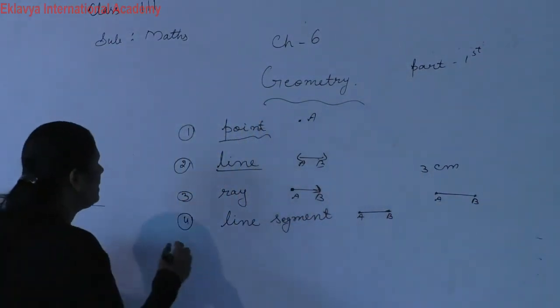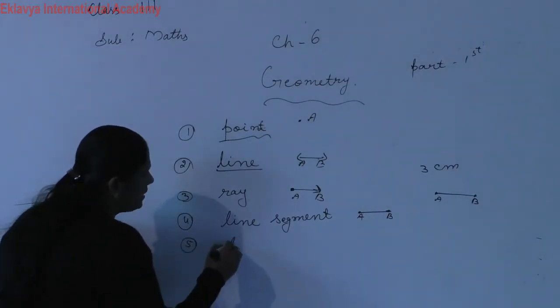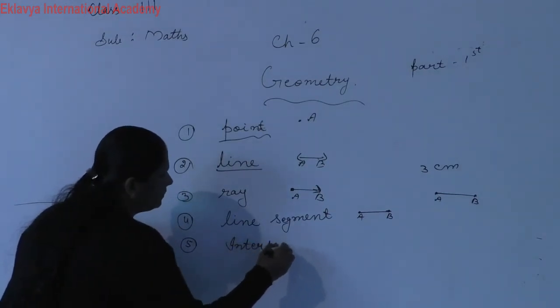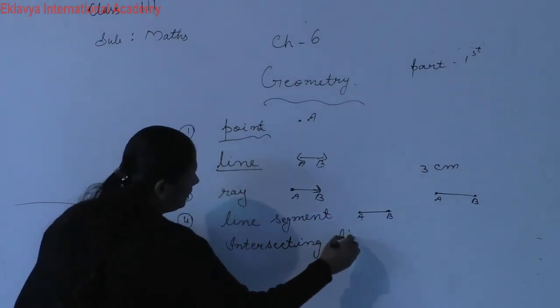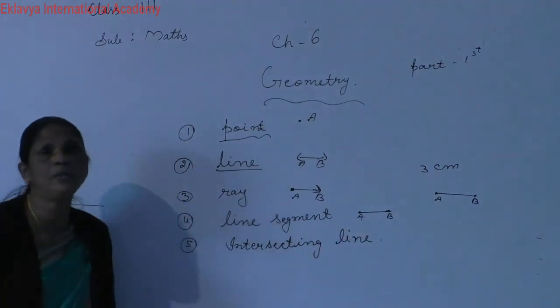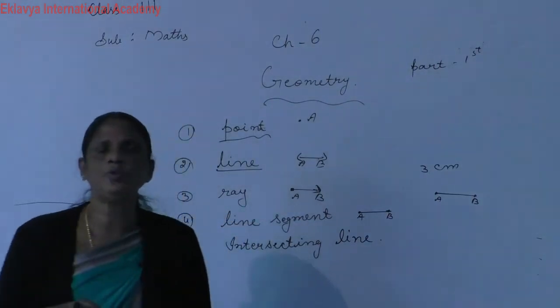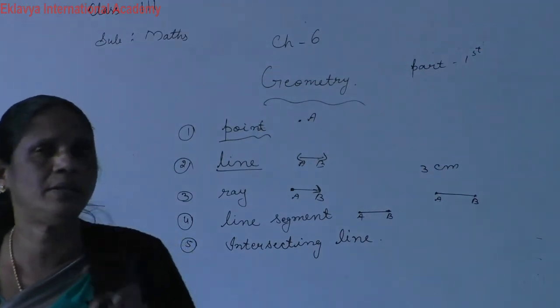Then next, intersecting lines. A line passing through another line is called intersecting line.